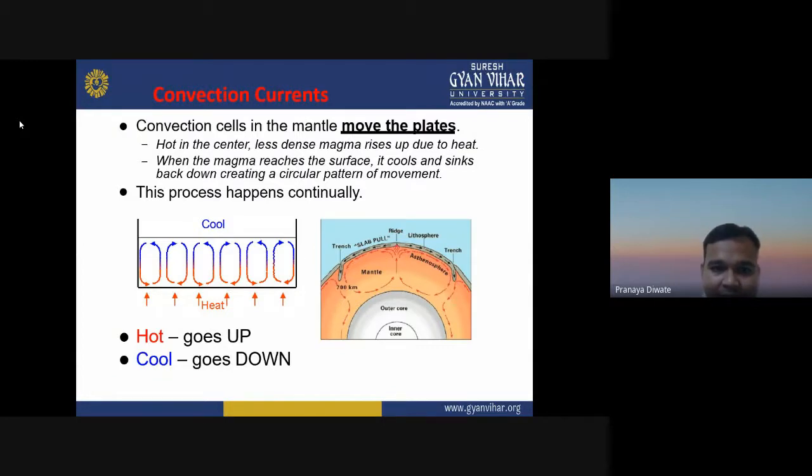This process happens continuously. When there is cooling, the magma goes down. This is how the process happens.